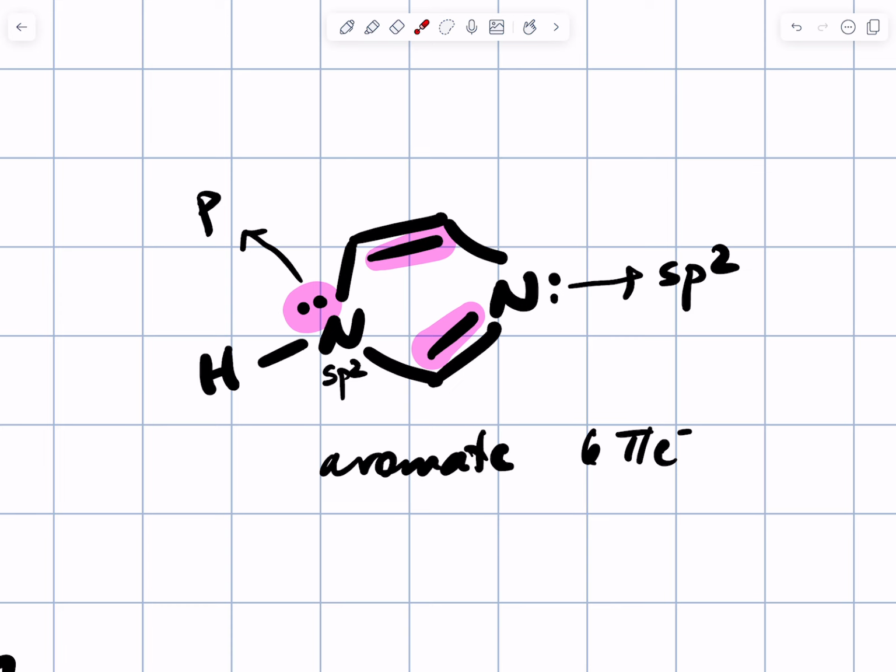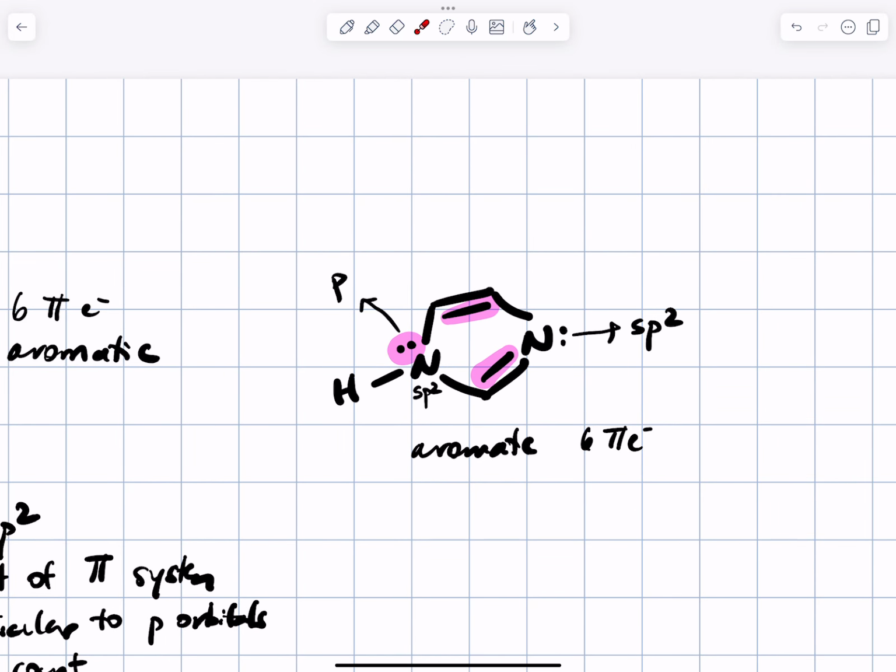When a lone pair is adjacent to, or next door to, a pi bond, it will be in a p orbital so that it can participate in resonance stabilization. So this nitrogen is in fact sp2 hybridized. The lone pair is in a p orbital. It does count, and there's 2, 4, 6 pi electrons, and so this molecule's aromatic.